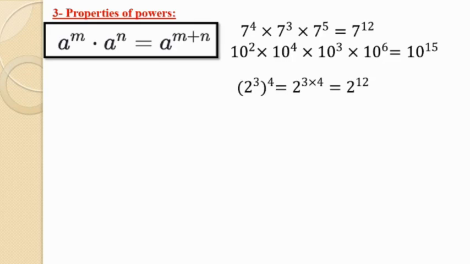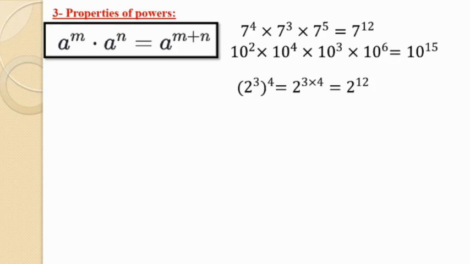Another rule. When I say 2 to the power 3 all to the power 4, it means 2 to the power 3 multiplied by itself 4 times. So 2 to the power 3 times 2 to the power 3 becomes 2 to the power 6, times 2 to the power 3 becomes 2 to the power 9, times 2 to the power 3 becomes 2 to the power 12.